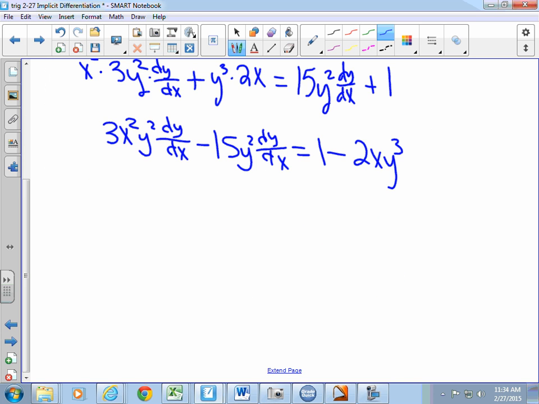Does everyone see what I did there? Subtract. Dy dx is on the left, non-dy dx is on the right. Does anyone have a question about that? Dy dx is on the left or right, it doesn't matter which side.